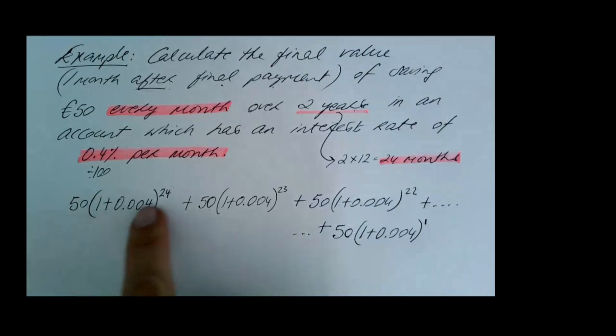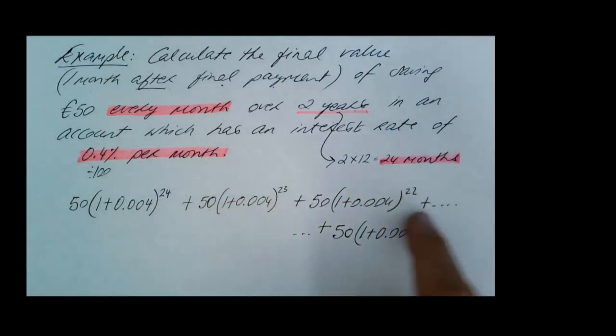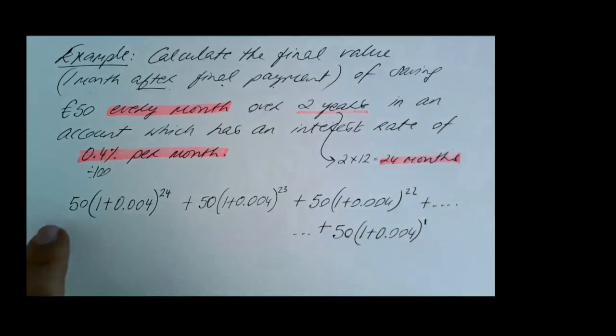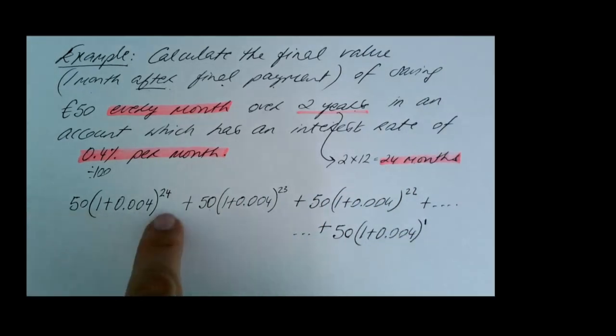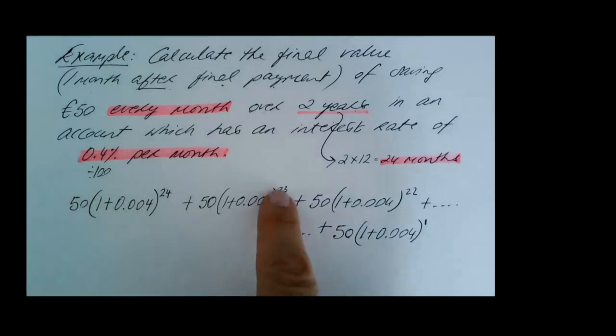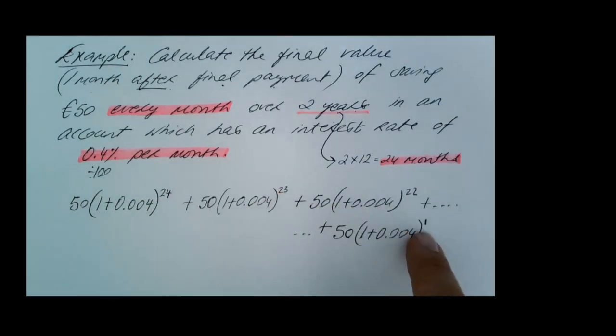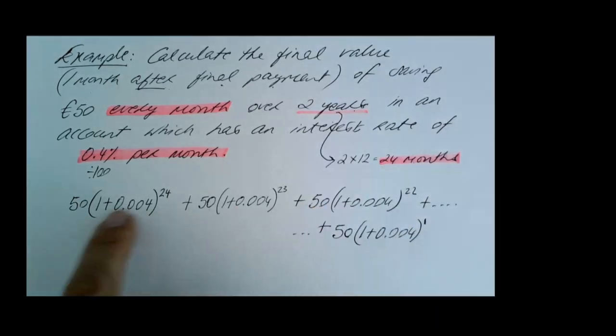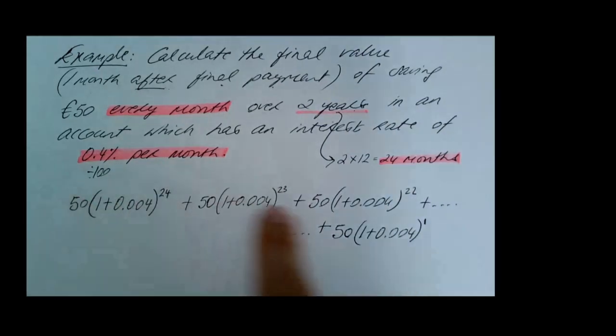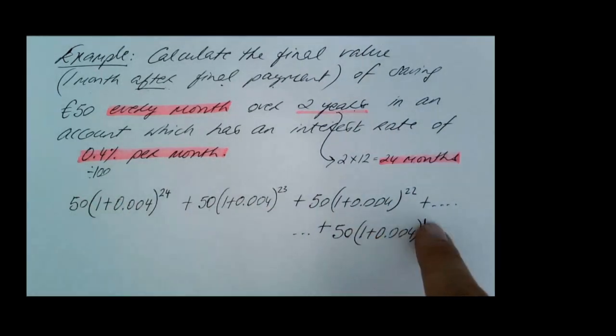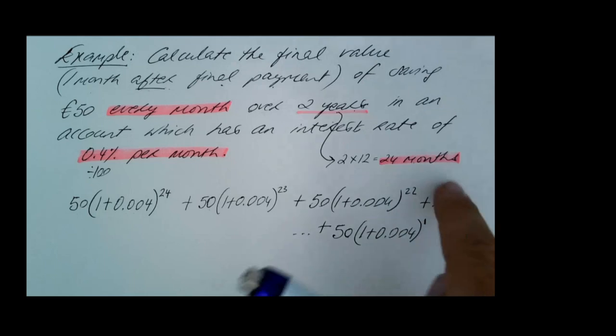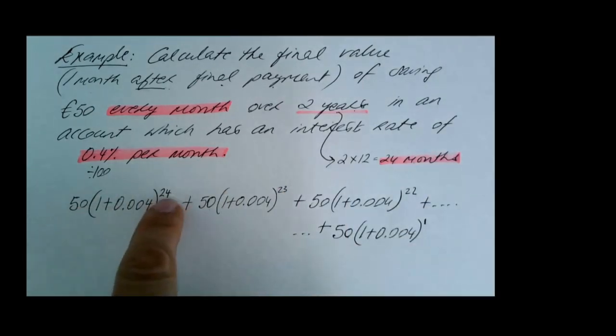So what I have here is a geometric series, actually. Now, technically, your first installment is in for the longest period of time, and then so on, it goes decreasing. But for looking at a geometric series, it's going to be easier for me to write this in ascending order. So I'm just going to rewrite that with the rate to the power of 1 first, and then consider all the way to the power of 24.